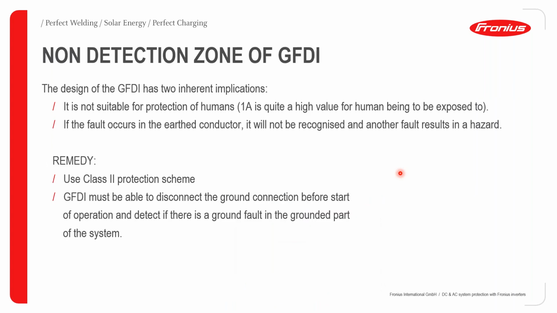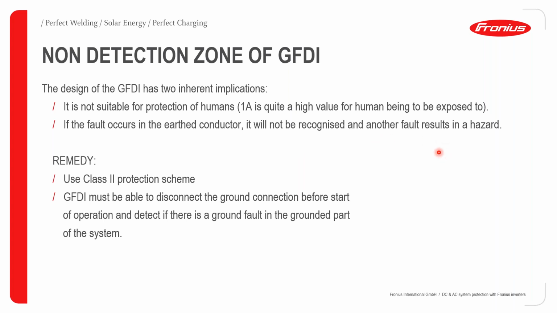There is also what we refer to as the non-detection zone of a GFDI protection system. The design of the GFDI has two inherent implications. One is that it's not a suitable protection system for protecting humans, because 1 amp is already too high for a human to be exposed to. Therefore, if a fault occurs in the earth conductor, it will not be recognized.